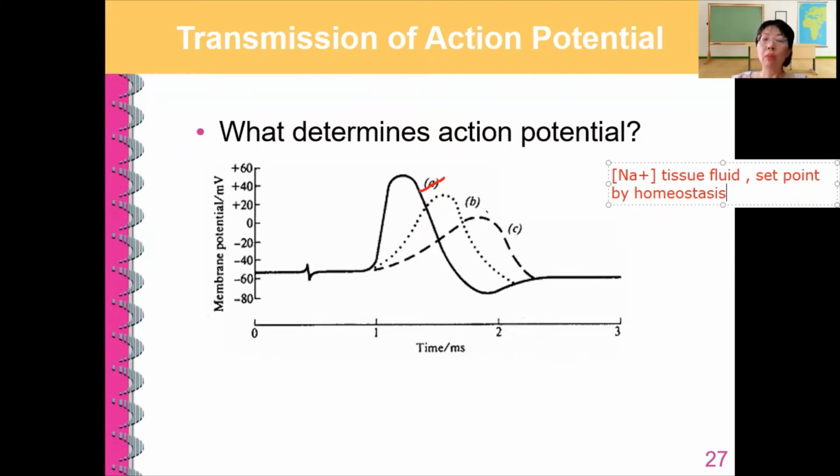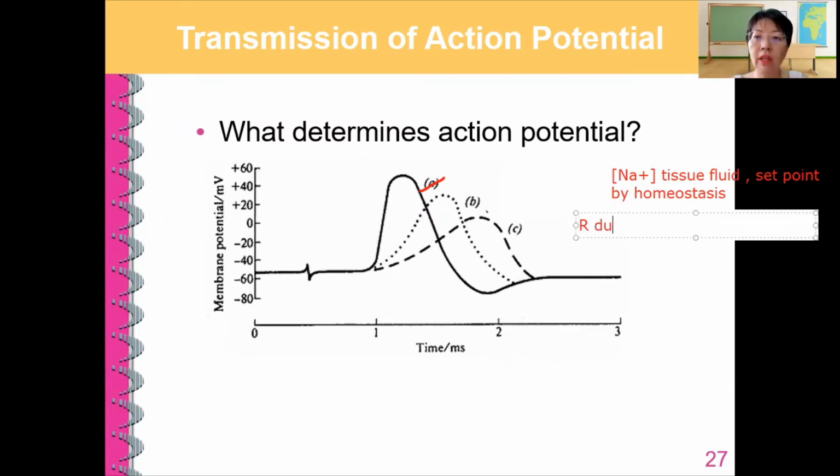Because of homeostasis, our sodium ion concentration is always constant or within a normal range. So when the sodium pores open, the rate of diffusion, which you learned, is governed by concentration gradient, and this concentration gradient is always the same because the sodium ion concentration inside tissue is always the same. So it's governed by concentration gradient times surface area divided by distance.